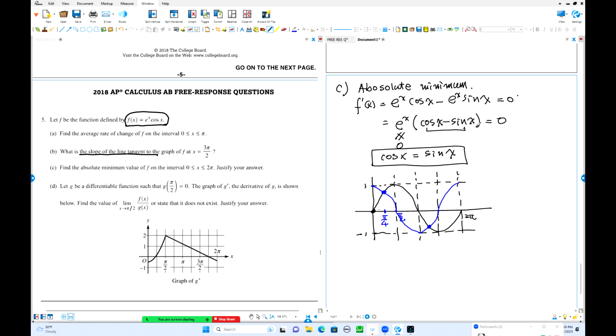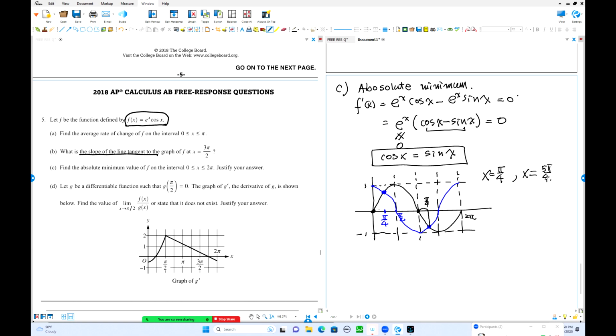So one value is x equals pi over 4. The other one is pi plus another pi over 4, which is 5 pi over 4.